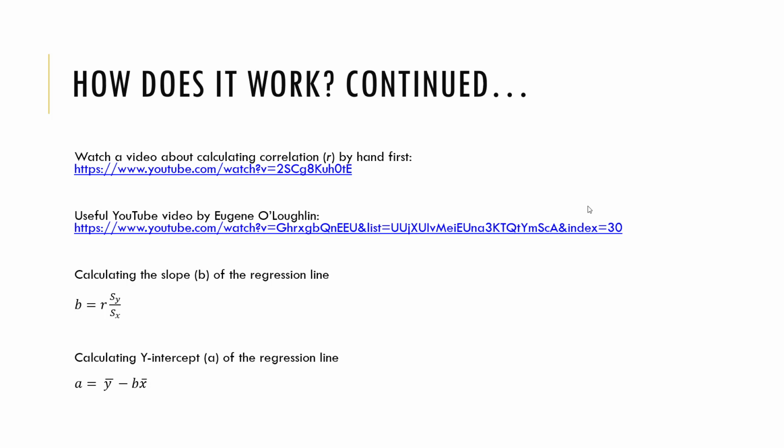So that's how you calculate the slope. You could calculate the intercept, so the point at which your line of best fit intersects with the y-axis, by saying that A equals mean Y minus B times mean X.